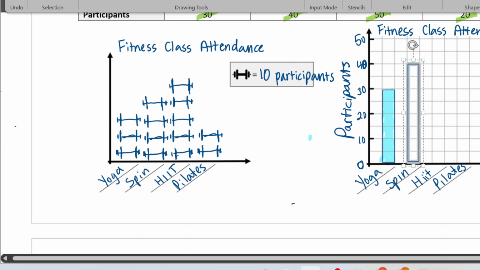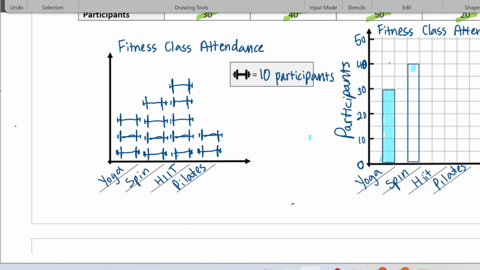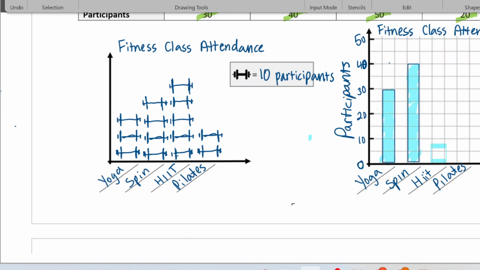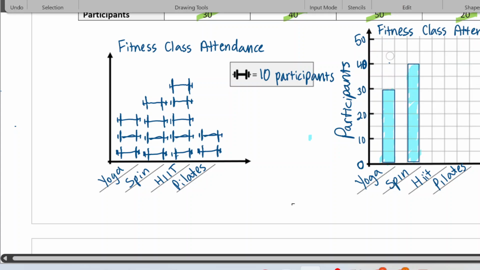There we go. Okay. And then 50 for HIIT. Personally, if I'm actually creating the graph by hand, I much prefer to make a bar graph. Oh, I did the same mistake again. There we go. Okay. Going to 50 this time.